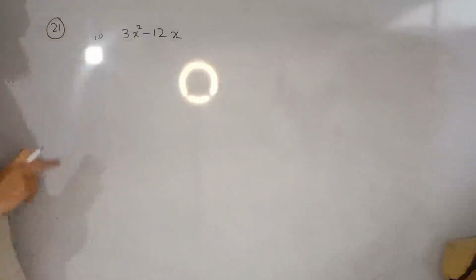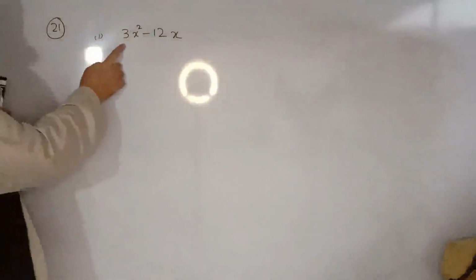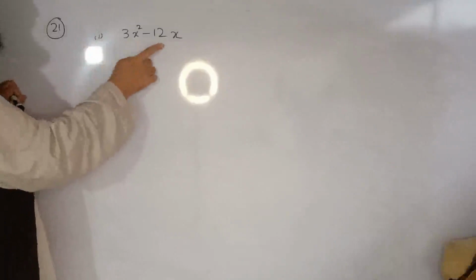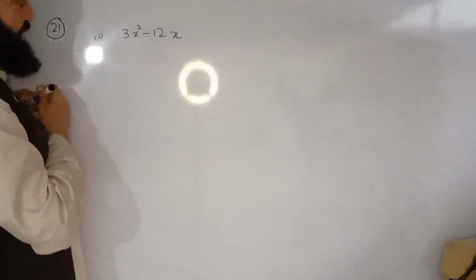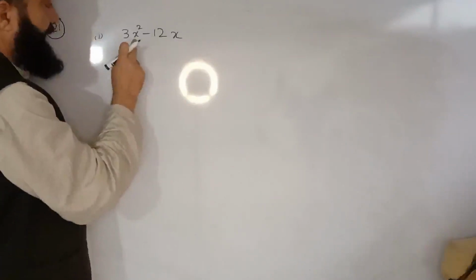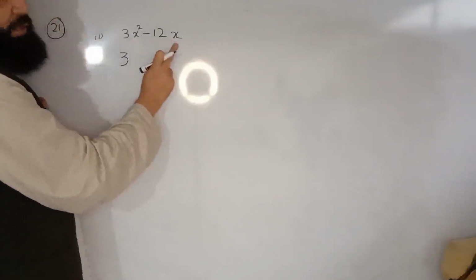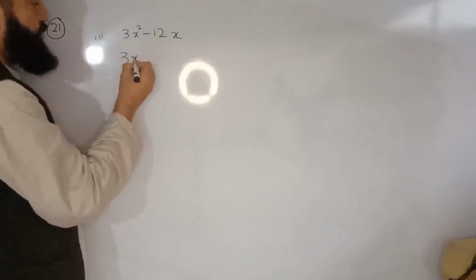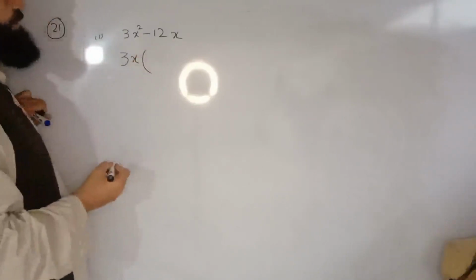First, we have to find if there is any number which divides both. 3 is the biggest number, the HCF of 3 and 12. So we can take out 3 as the common. Then x square and x have x common. So therefore 3x is common here.